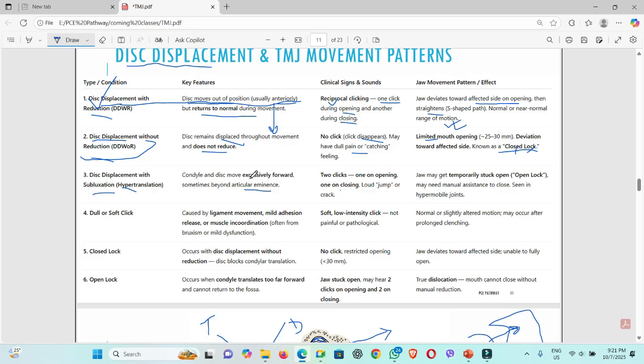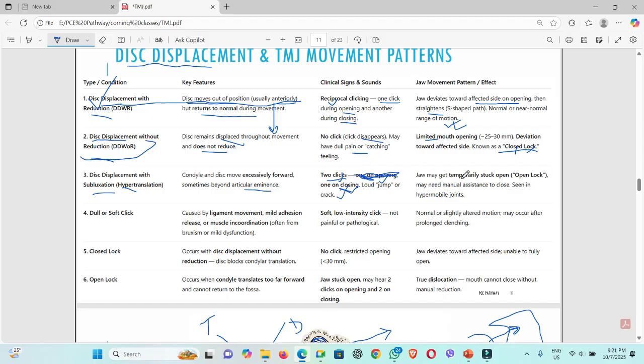So the condyle and disc move excessively forward, right? This is wrong, guys. Okay, forget it. Don't go with these words. So there will be two clicks while opening and two clicks while closing the mouth.